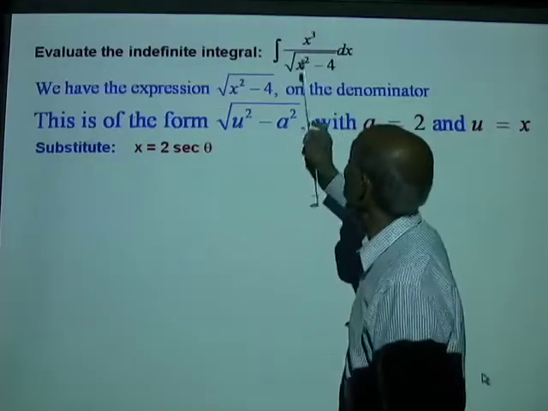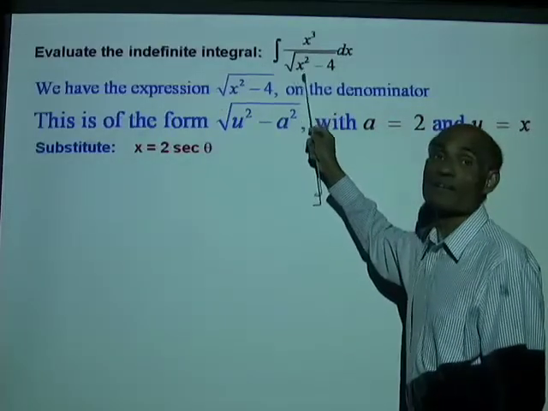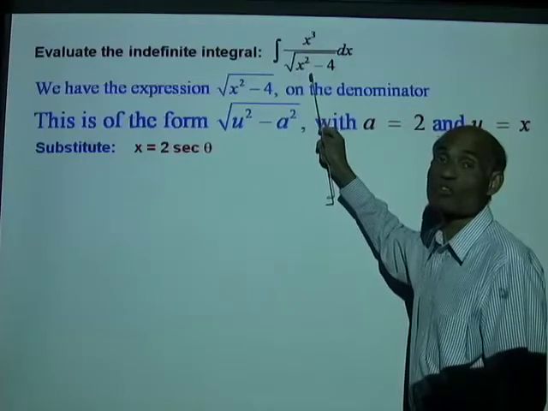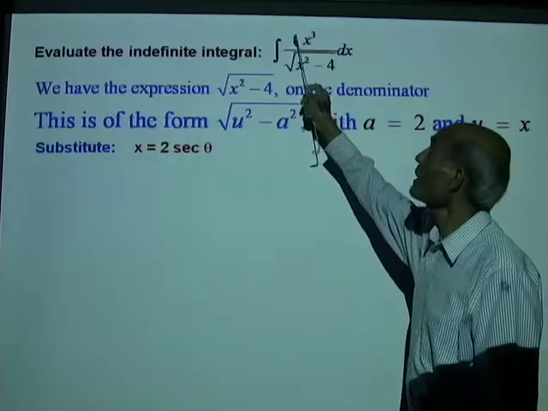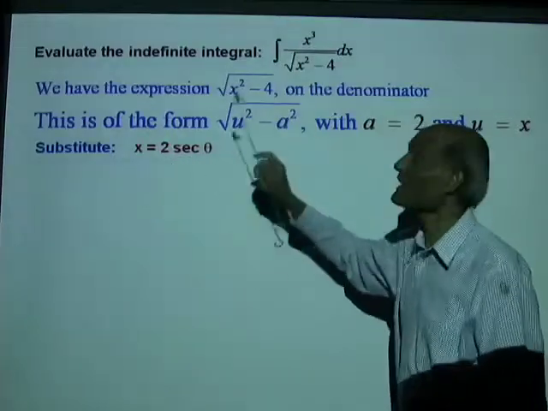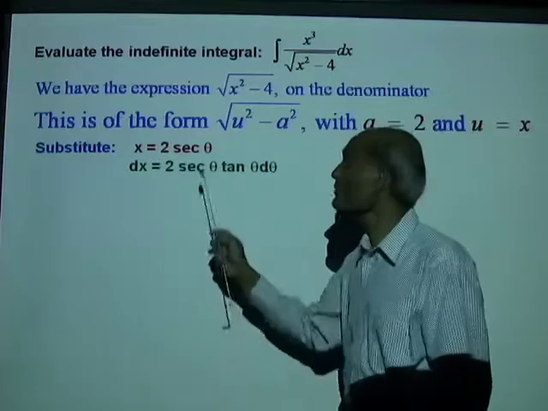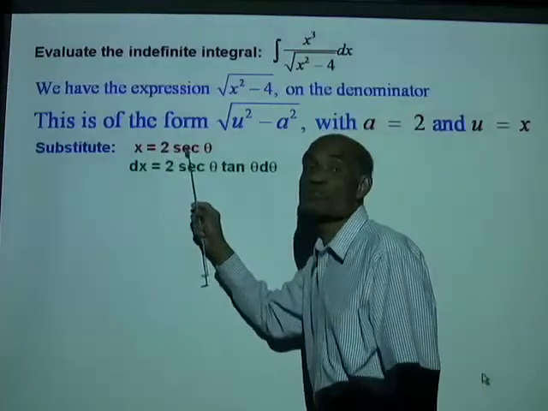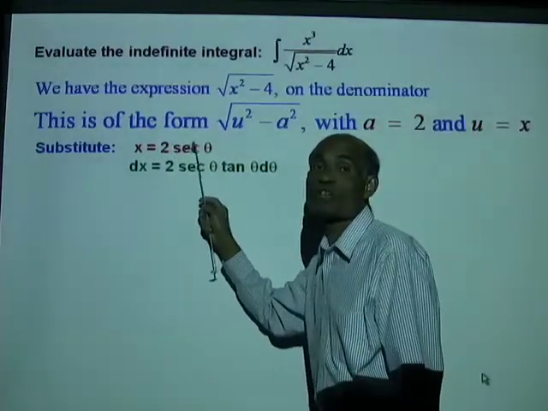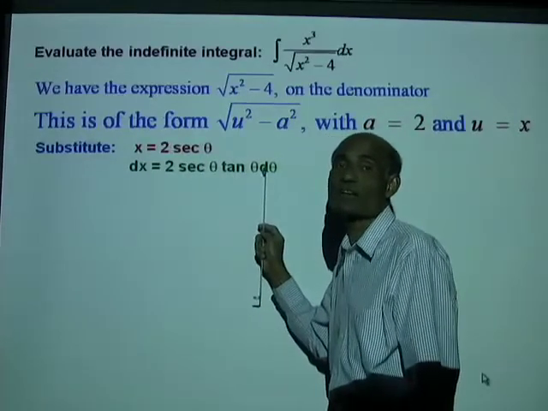So we write x equal to 2 secant theta. If x equal to 2 secant theta, what is x squared? X squared is 4 secant squared theta, and x cubed is 8 secant cube theta. And dx, what is dx equal to? Dx is 2 times the differential of secant theta, which is secant theta tan theta d theta.